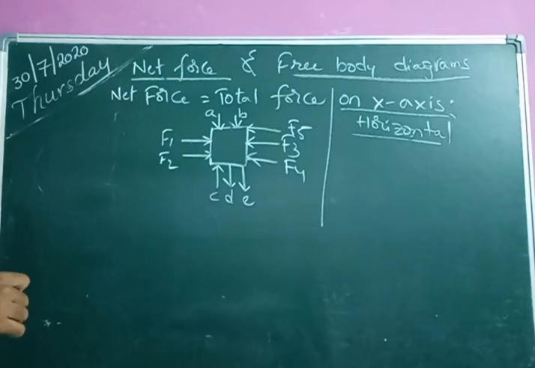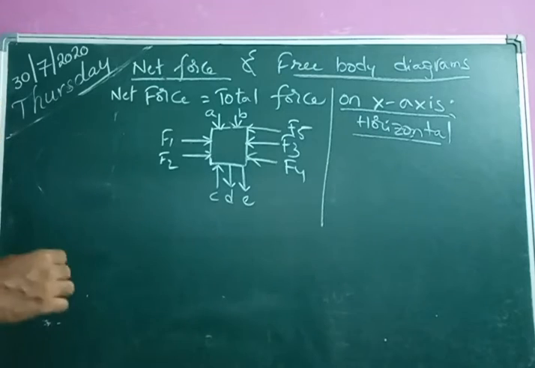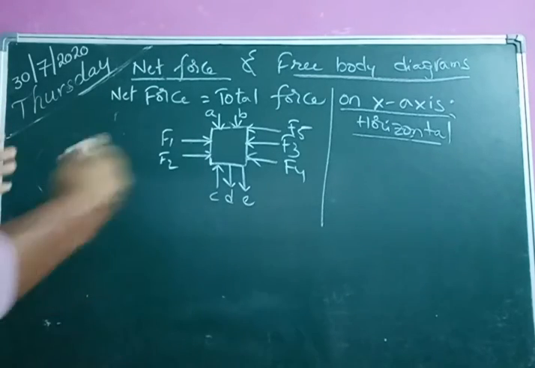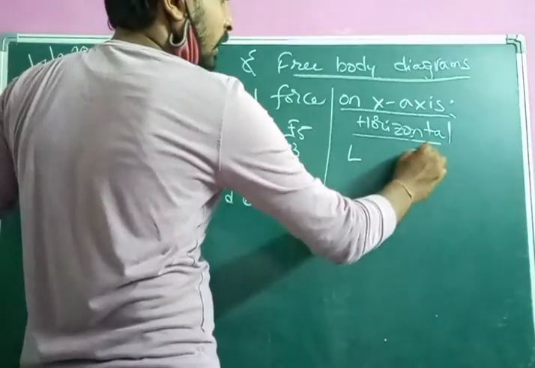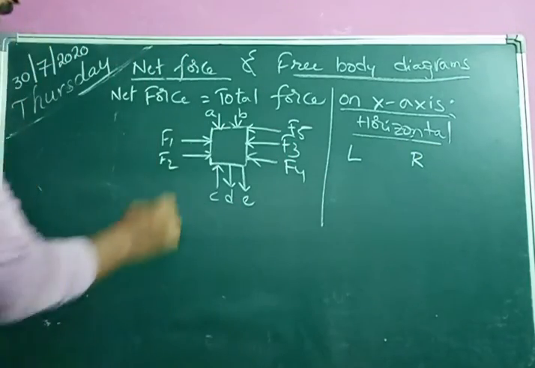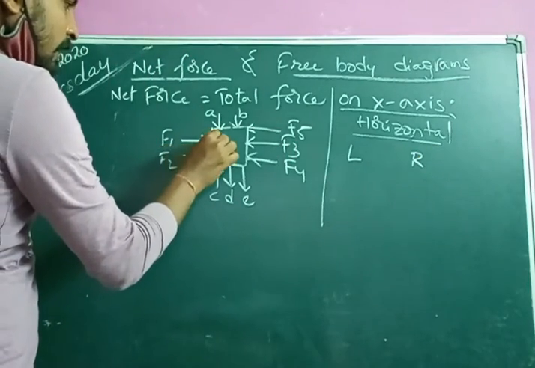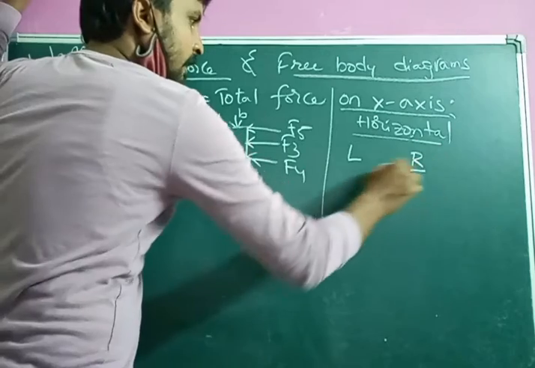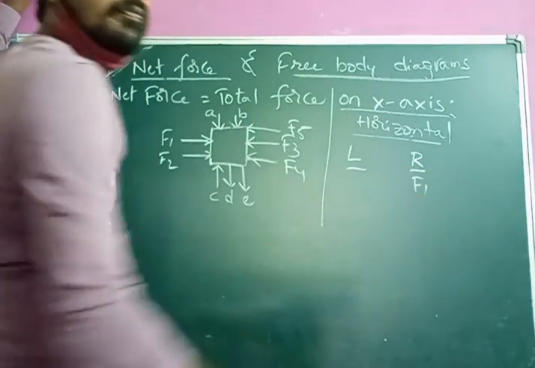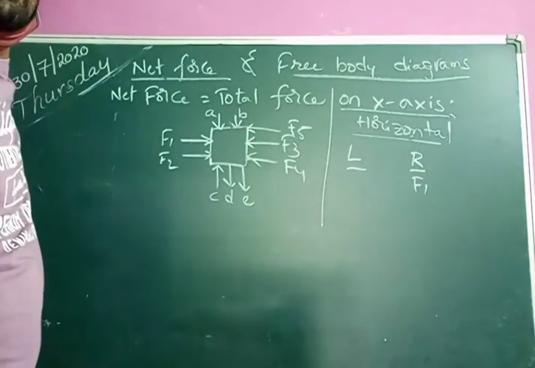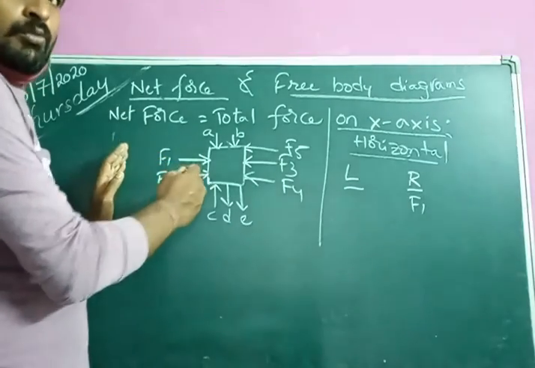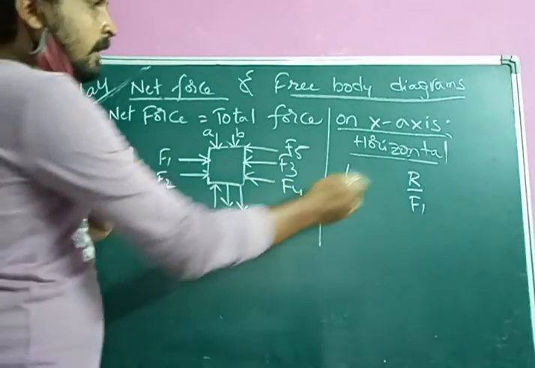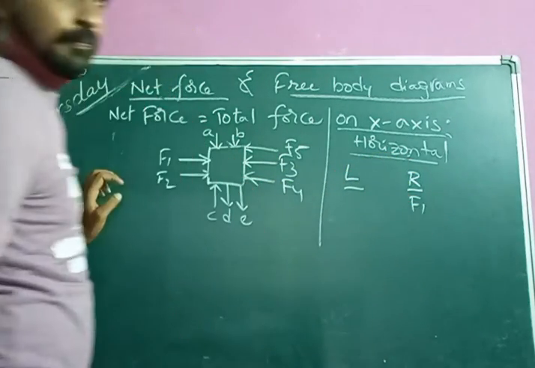Here if you observe, we have two directions in horizontal direction, towards left and towards the right. F1 is acting towards right side, so under right I am writing F1.